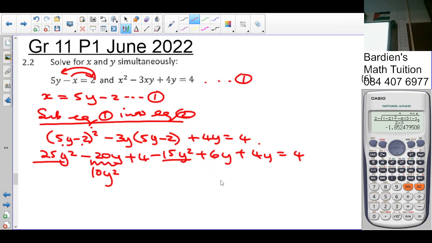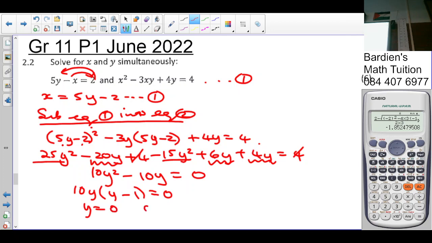Negative 20y plus 10y is negative 10y. 4 minus 4 cancel. So 10y is a common factor, left with y minus 1. So y is equal to 0 or y is equal to 1.